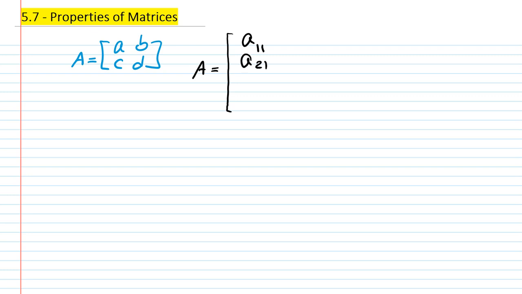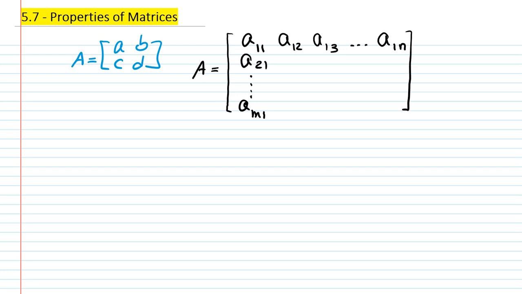Second row, first column, and so on, all the way to, let's say this matrix has m rows, so that's going to be am1. The element in the first row, second column, first row, third, and so forth, all the way to a subscript, that is a sub 1n.